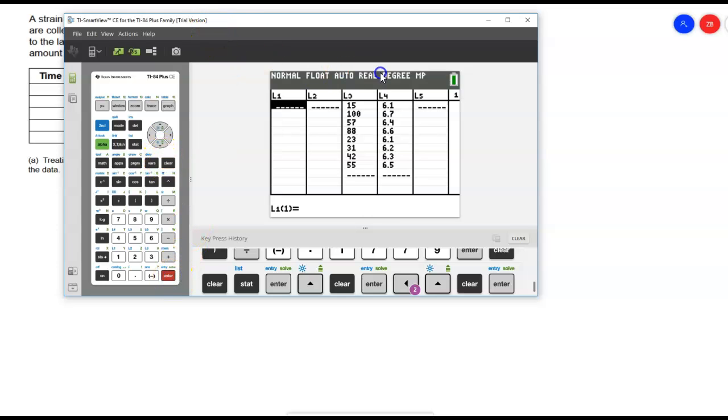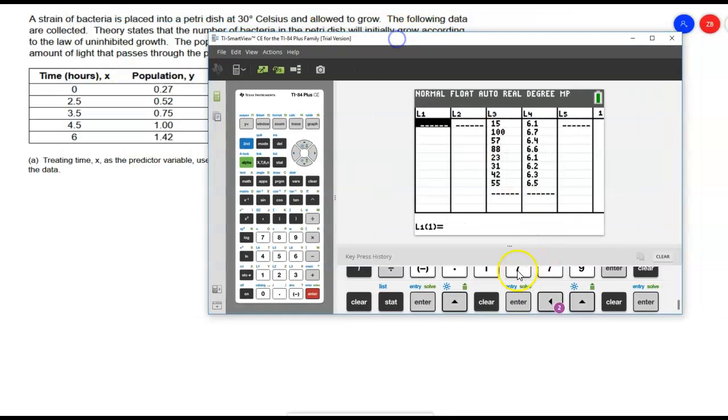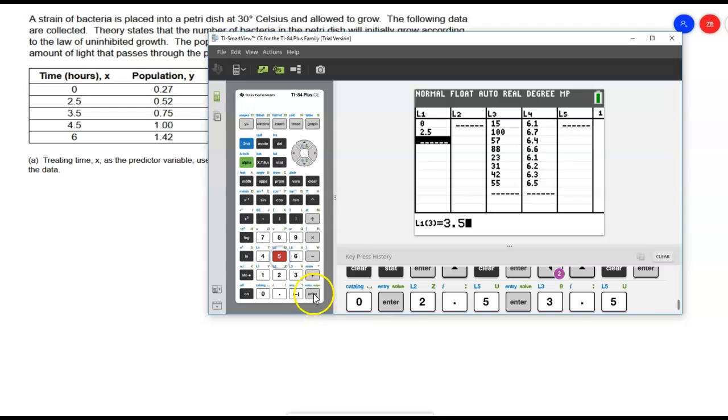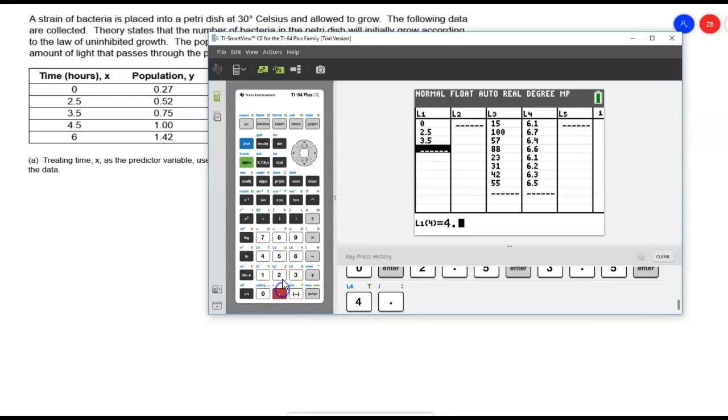So for L1, I'm going to be putting in the time in hours. So I have 0, 2.5, 3.5, 4.5, and 6.